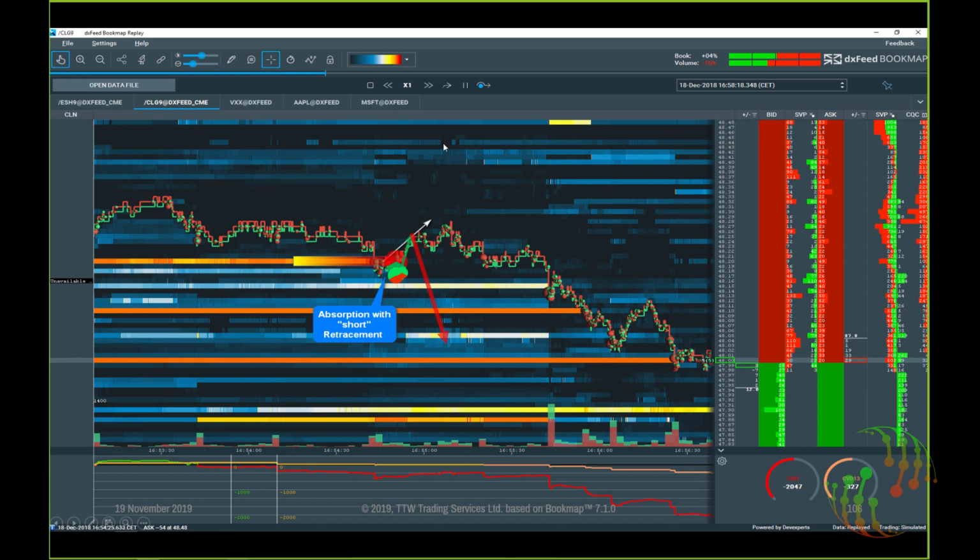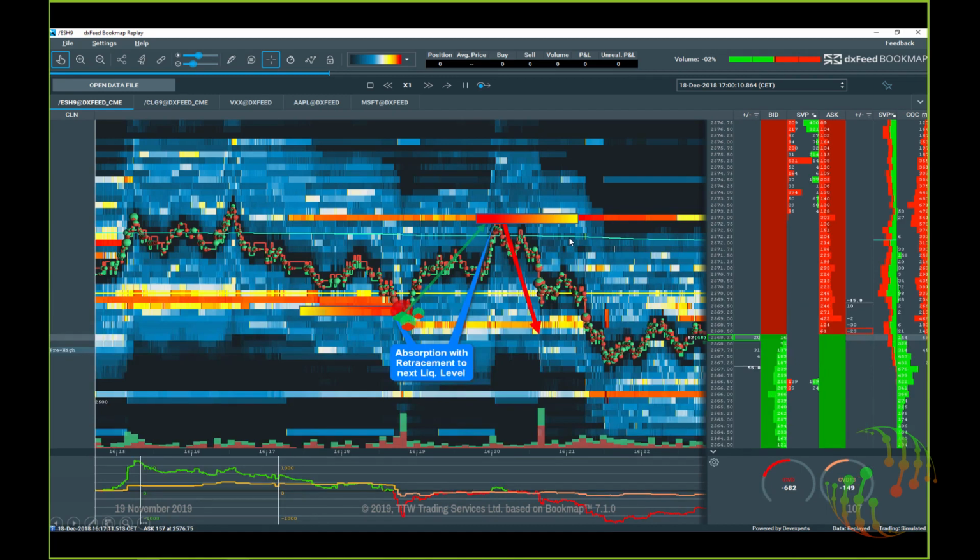You see, please mind that there is no liquidity above. There's no one who wants to attract the price at these levels. Liquidity is below. Liquidity acts as a magnet as always. So this is absorption with retracement.